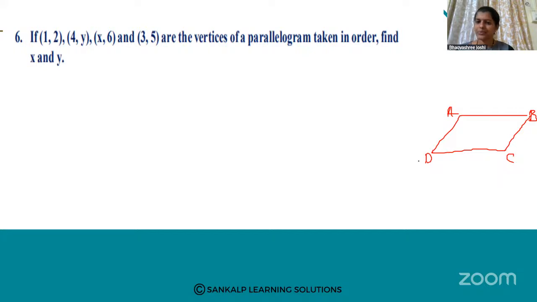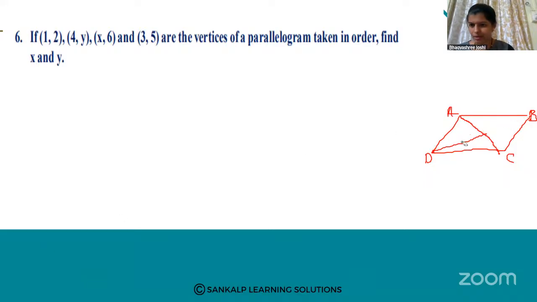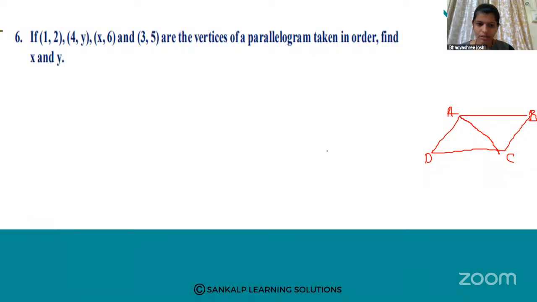A, B, C, D. Now, in a parallelogram, diagonals bisect each other. Which diagonals are here? AC and BD are diagonals.